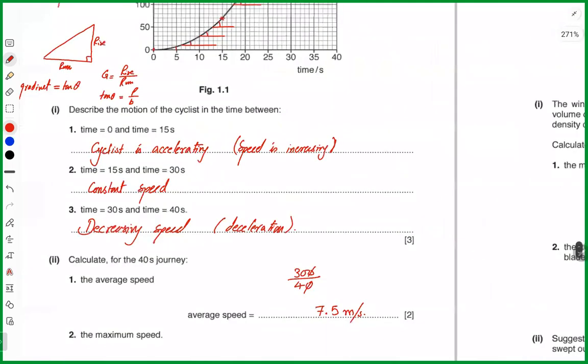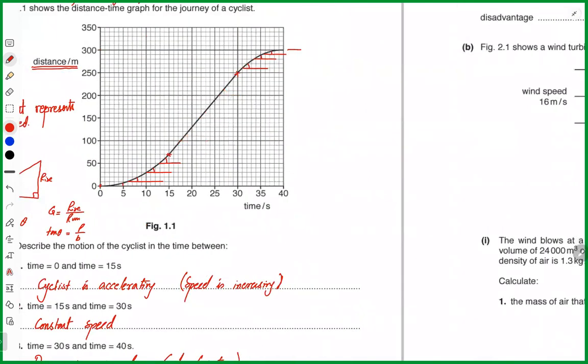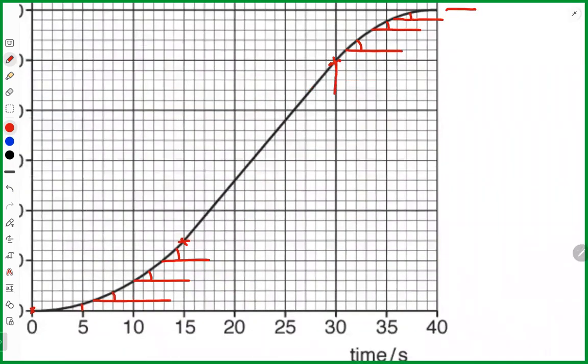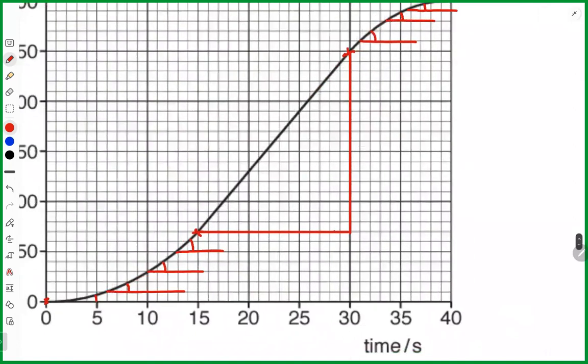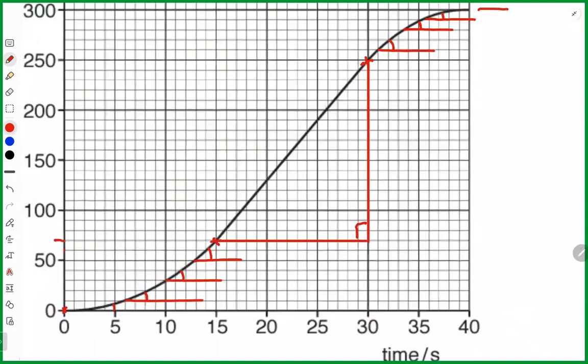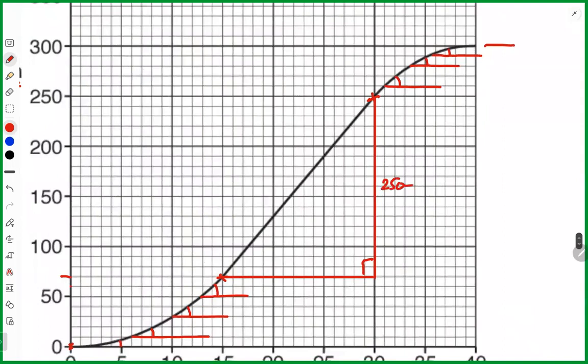Maximum speed. Listen, in the first part the speed was increasing, then it became constant, and then it was decreasing. So the speed was maximum for the portion when it was constant. If we find the gradient of this portion, this will be the rise, 70 to 250, so 250 minus 70, which is 180.